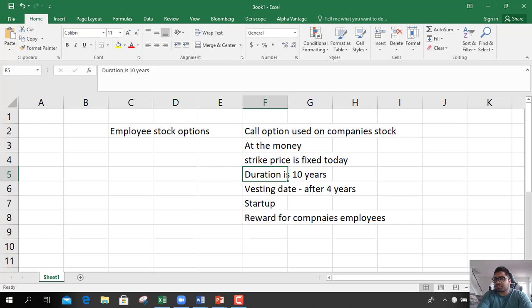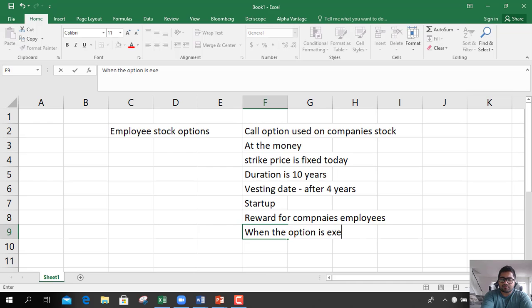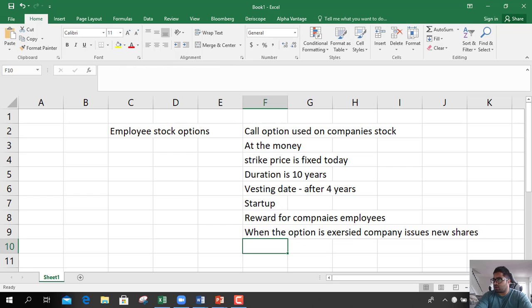Now, what is the difference between a normal call option and an employee stock option? The difference is when the option is exercised, the company issues new shares to the employee. So how does this option work? Let's say I join a startup.